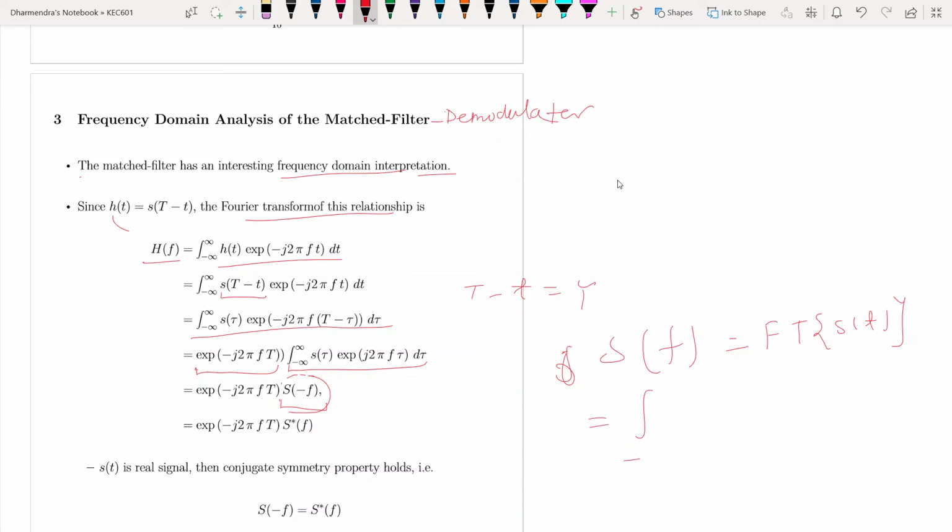As you know, this will be in integral form, S of t into e to the minus j 2 pi f t, d tau. Because here it is positive, this plus f frequency can be treated as minus of minus f.